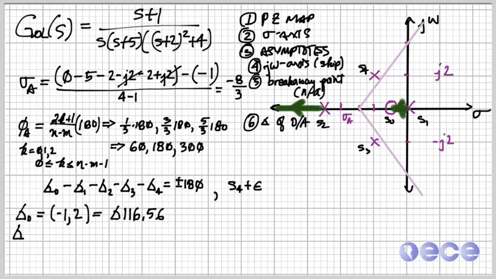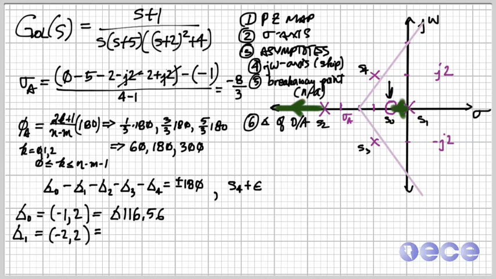If we look at angle 1, now we're looking at the difference between where S1 is and where S4 is. Because S1 is at the origin, the difference is -2, 2.